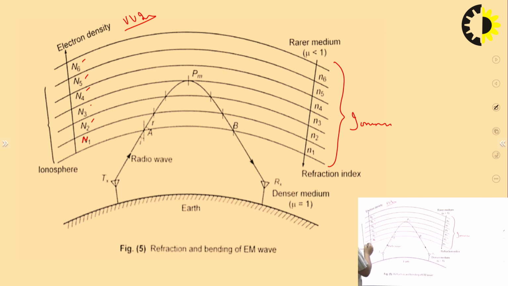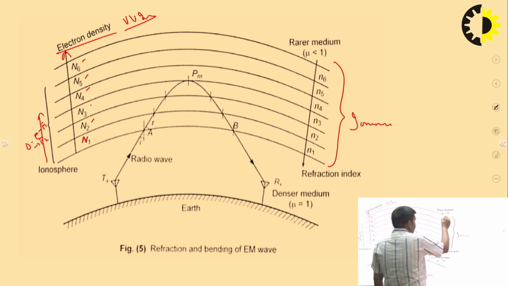If I move from the Earth to the D layer, E layer, F1 layer, F2 layer, the electron density increases. So if we move away from the Earth, the electron density increases, and the refractive index decreases.